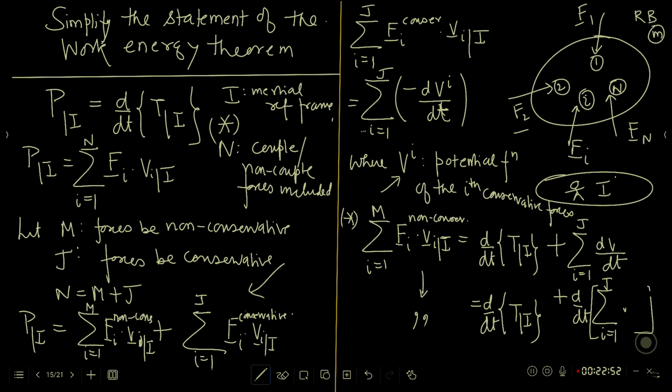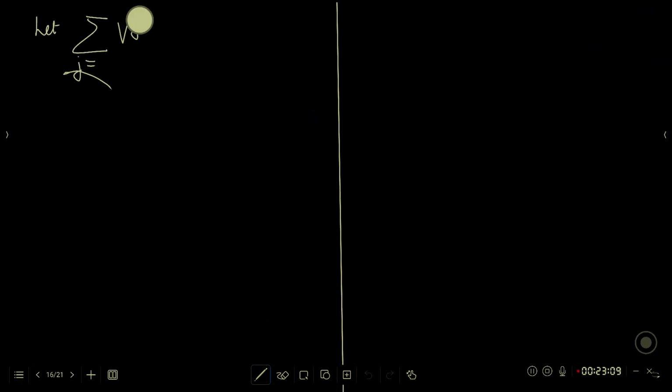Don't need j here, should be i. i is the index over which summation is happening. Let us denote this by V, one single symbol.